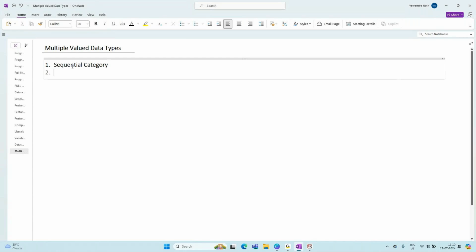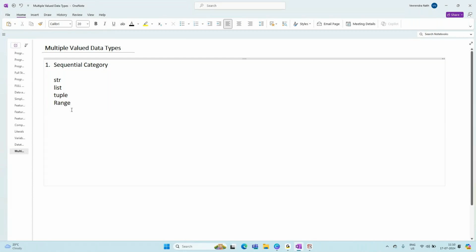Under the sequential category, first one you have is str, second one you have is list, third one you have is tuple, and the last one you have is range. Once you understand str, other things will be easy. Okay, right. So first we'll understand str.